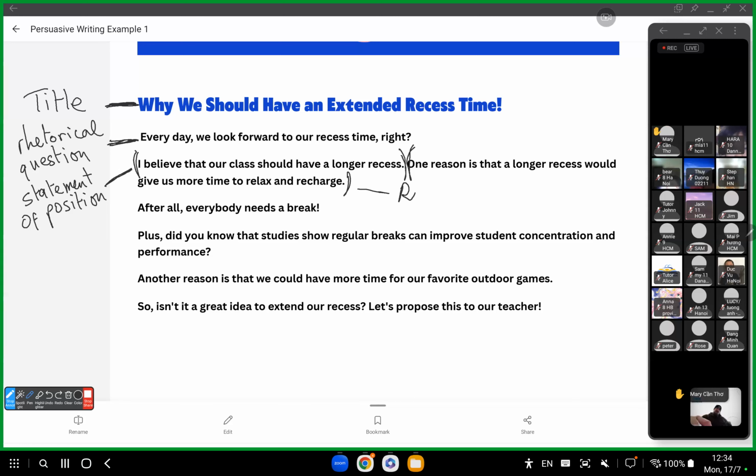This is one of our reasons. Fantastic. Now this right here, what is that? Can anybody tell me what that is? It's kind of similar to something that we've already listed, but just slightly different.